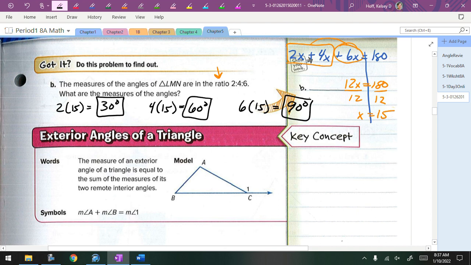Addison, remind me how I could double check that I did that correctly. Add it up. 30 plus 60 is 90. Plus another 90 is 180. Okay, so we're still setting it equal to 180. The ratio just means you're going to have an X with it.